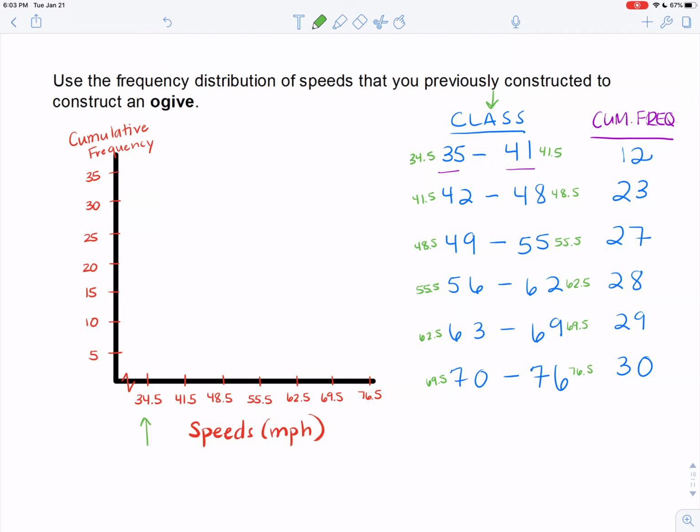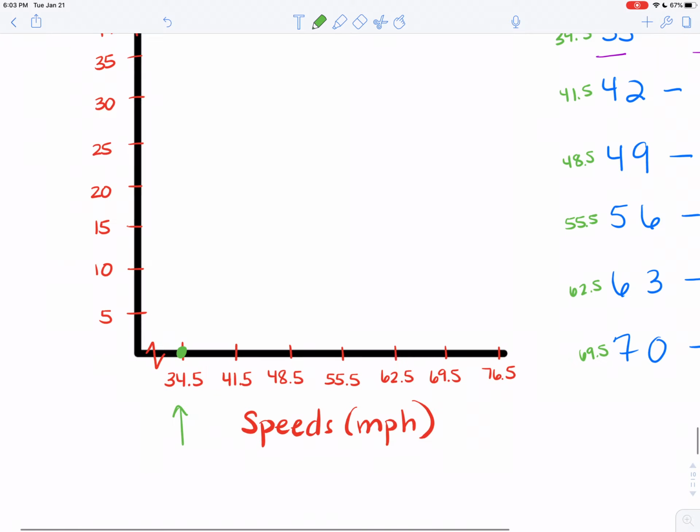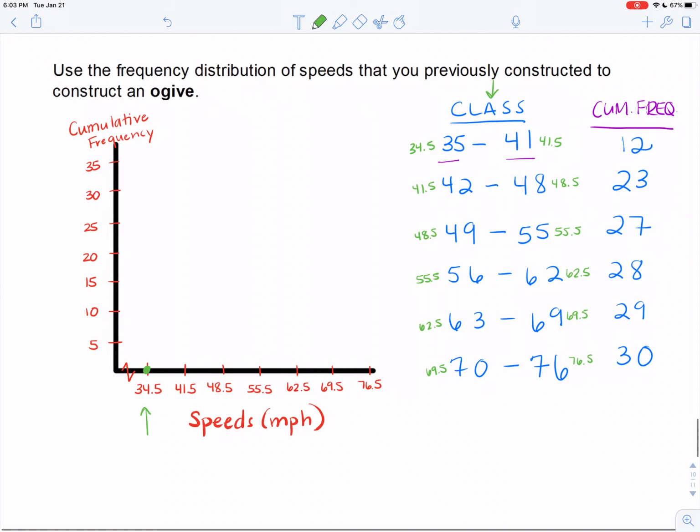Now, like the polygon, the ogive will start at frequency 0. So that very first lower boundary that you're plotting there will always be on the horizontal axis. But for everything else, at the upper boundary, you're going to plot the cumulative frequency.